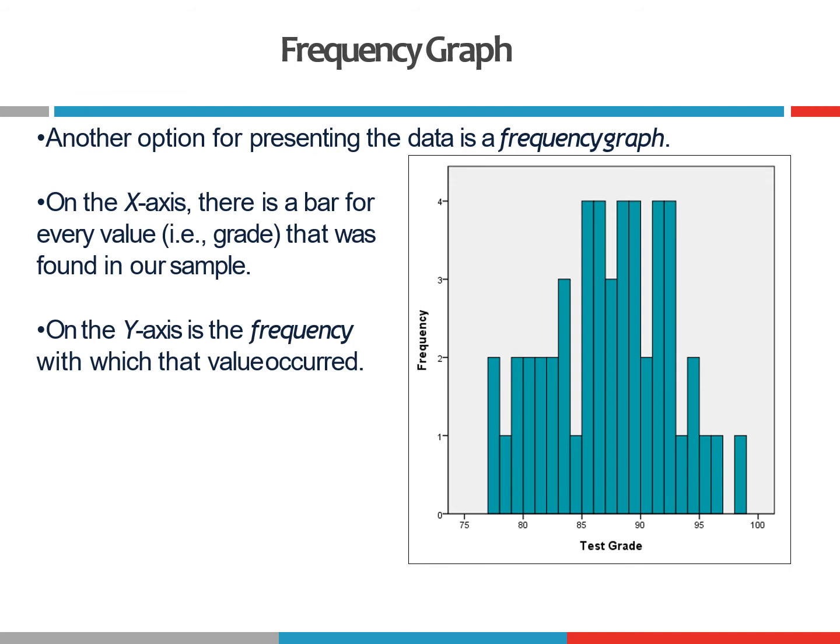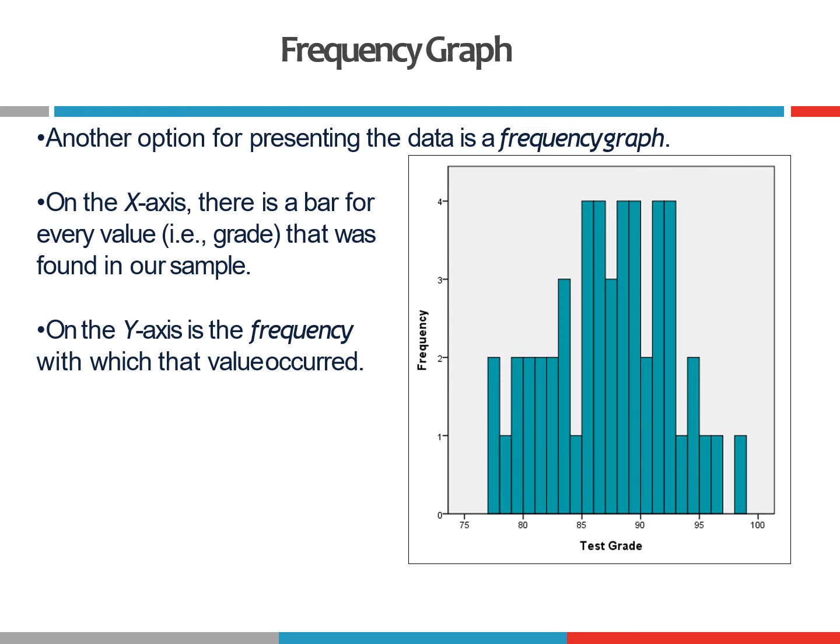And on the y-axis, this is where we would plot the frequency, or the number of students that got a particular grade, right? So we see here, if we look on the x-axis at 75, no students got a grade of 75, so there's no bars there. But if we scooch over to where the 77 is, between 75 and 80, we have a 2.